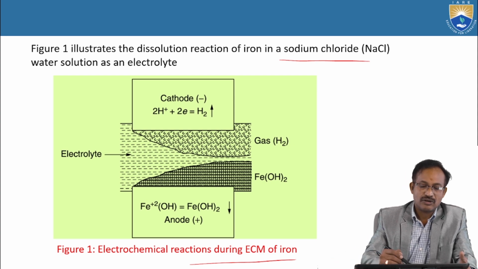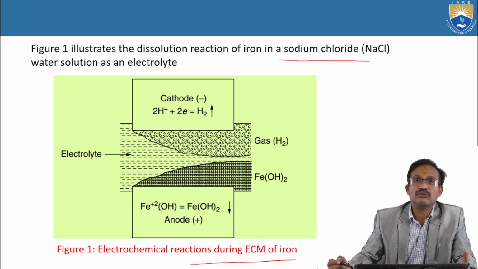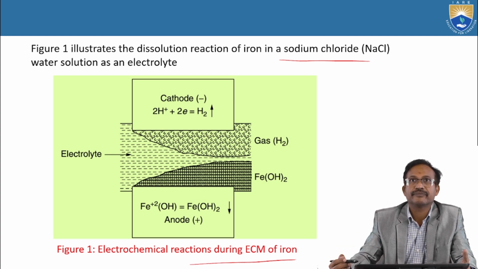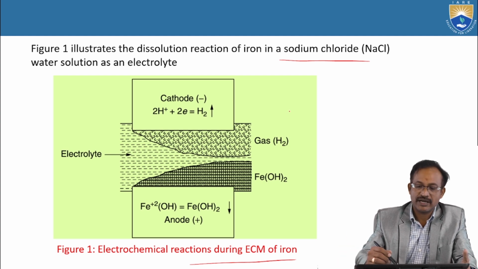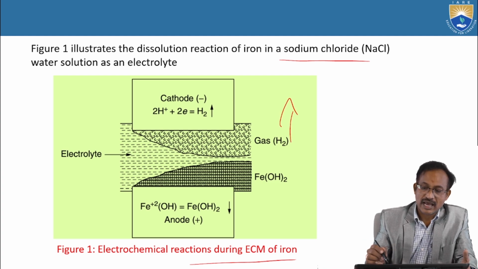Now, how is this chemistry taking place? 2H+ plus 2e- gives hydrogen, which will go up. Here iron, Fe, is what we are discussing.